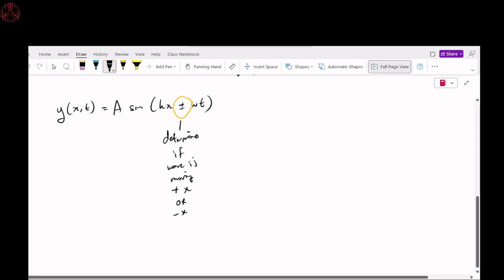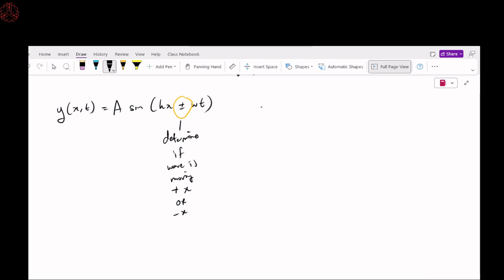There's a simple proof of this: if kx minus omega t equals 0, then kx equals omega t, and I rearrange this to x over t, which is just the velocity, equal to omega over k, which is greater than 0, so that means it is moving in the positive x direction.